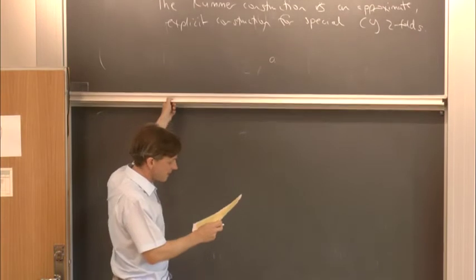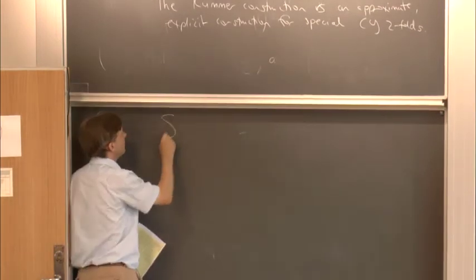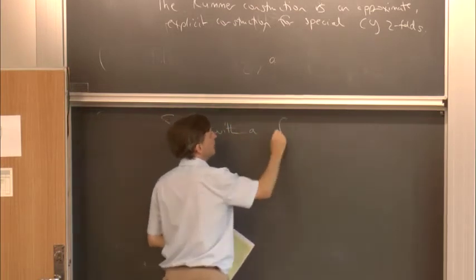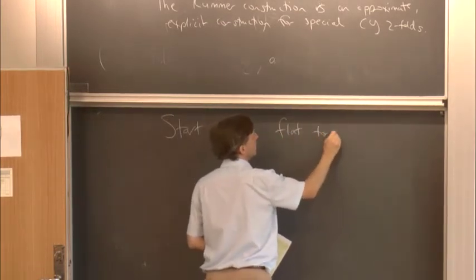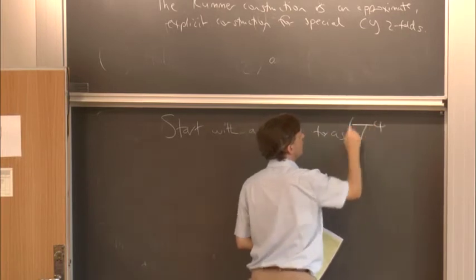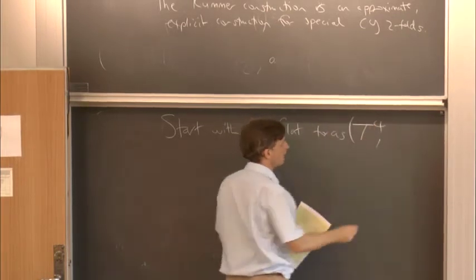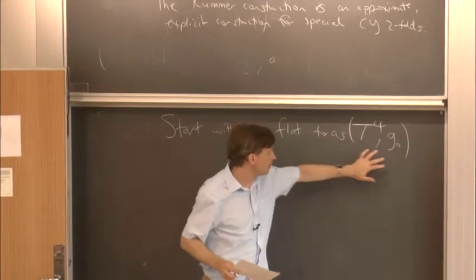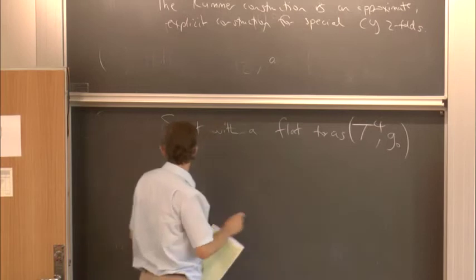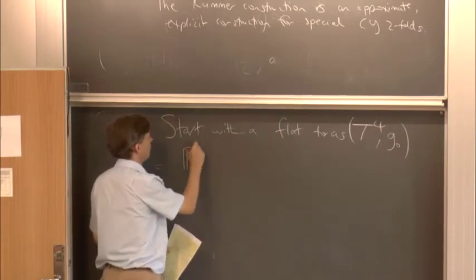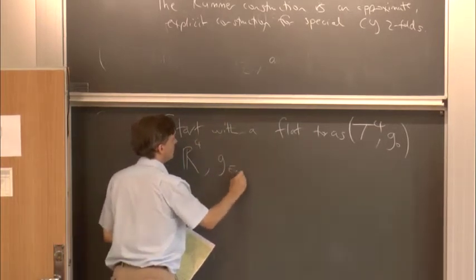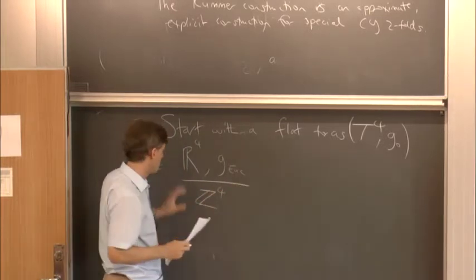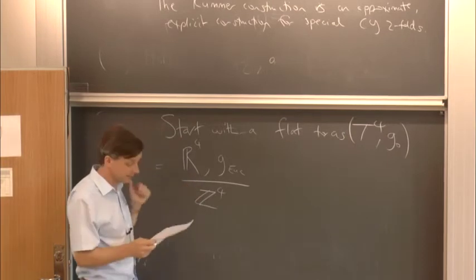Here's the idea. You start with a flat torus T^4 with some flat metric g0. This is just R^4 with the Euclidean metric divided by, let's say, Z^4 acting by translations, or some other lattice.